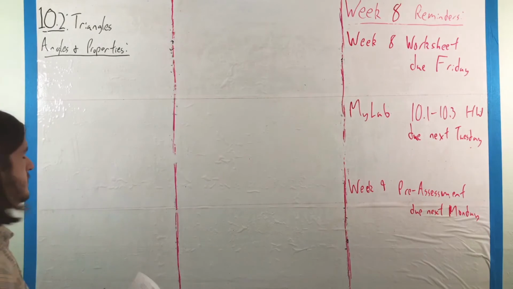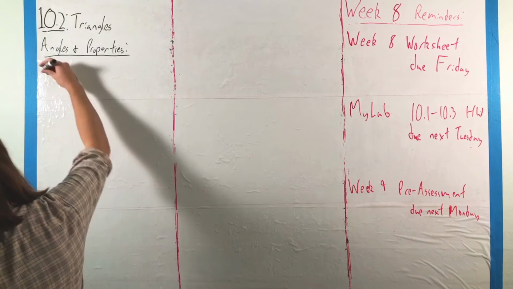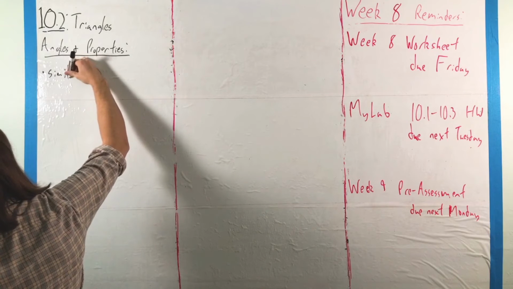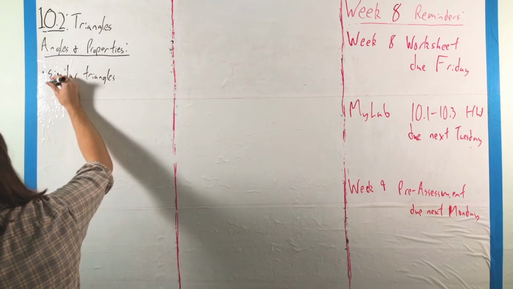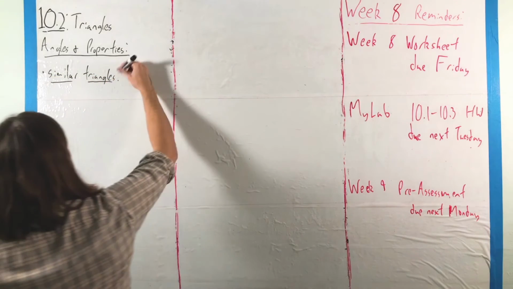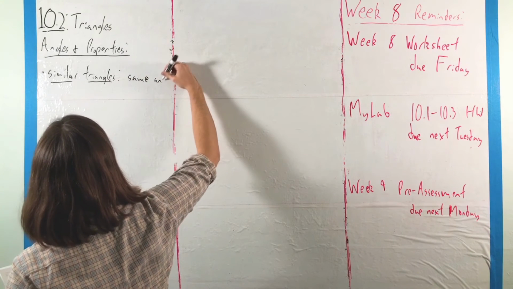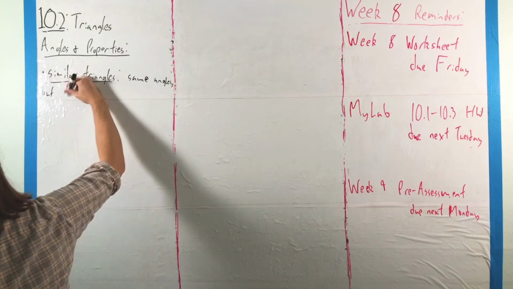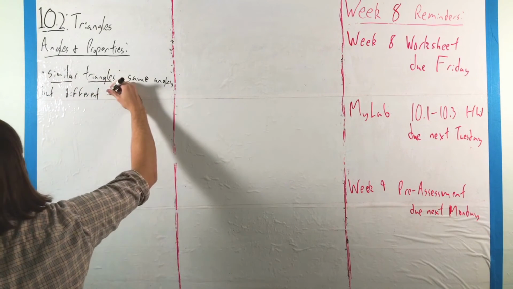The other big property that we have when we're talking about triangles is the idea of similar triangles, where we say triangles are similar if they have the same angles but different side lengths.